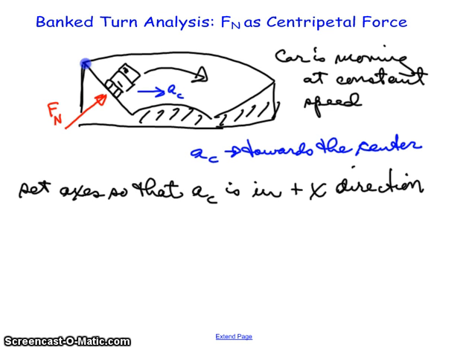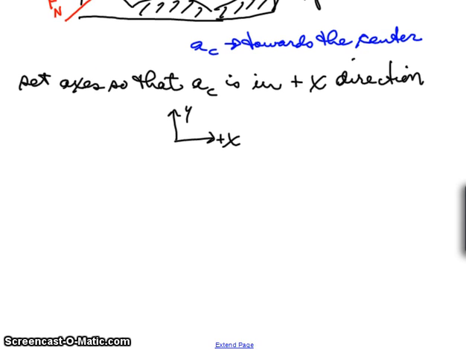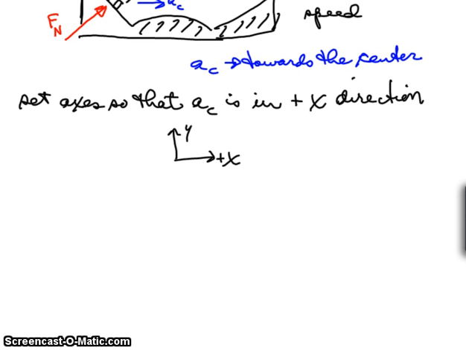If we do that, I have y and x, and you can see this is my plus x. And let me just extend the page here a little bit. We have the car sitting on the incline. And we have the normal force going up like this, perpendicular to the surface.